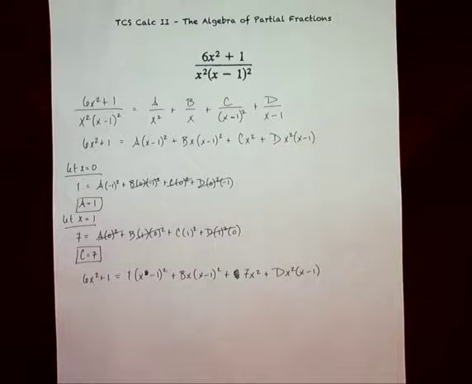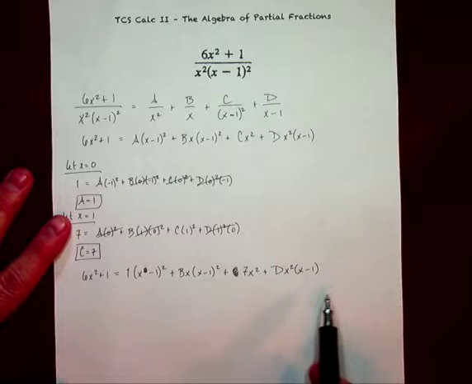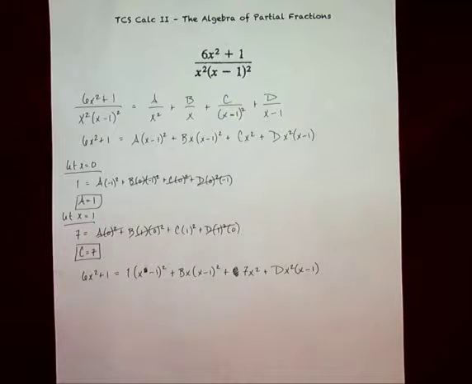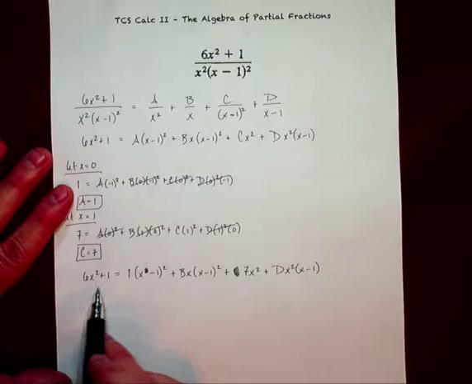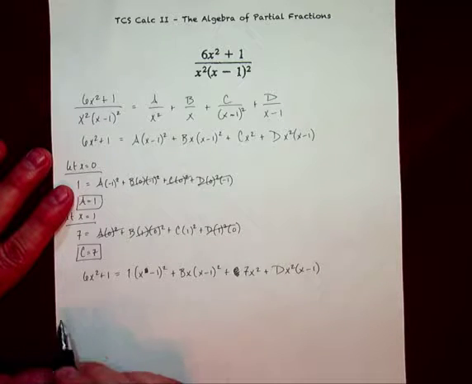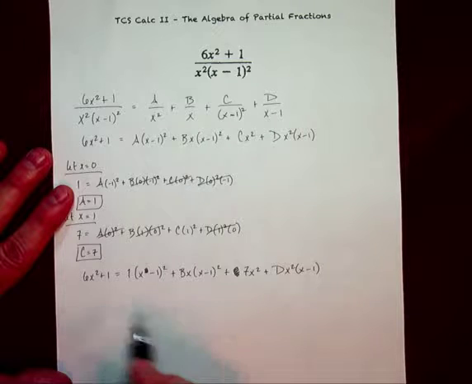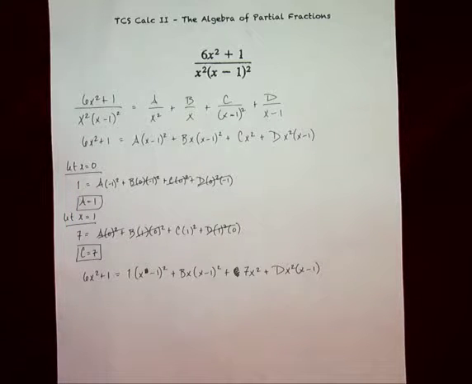What I did in the last one is I multiplied all these out and rearranged them so that I could compare the coefficients, okay? And I could do that. I'm missing a cubic and a linear term, but I can just do 0x cubed plus 6x squared plus 0x plus 1 because those coefficients are there. They're just not stated explicitly because they don't need to be.